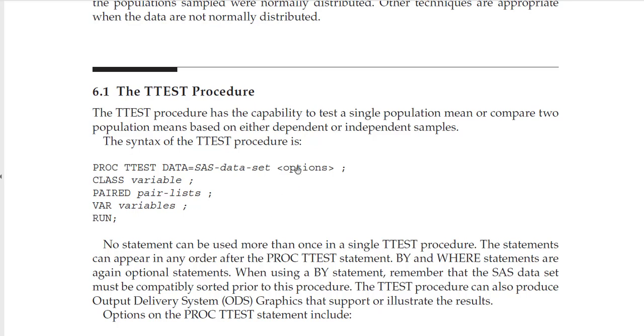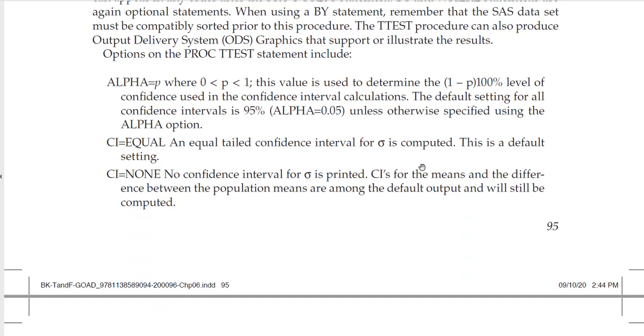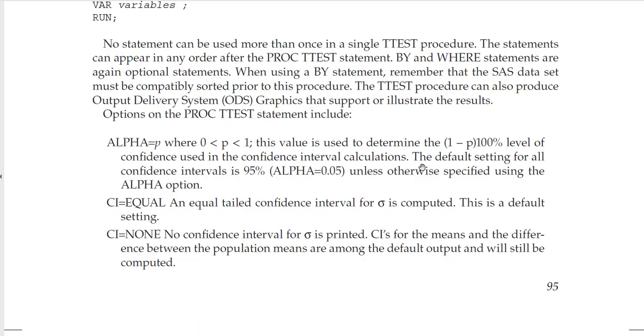First, options we look at for the t-test procedure. We have the ALPHA= option where we specify a probability given by P here, so that if we want 95% confidence intervals, alpha is 0.05. That's actually the default setting. If we don't pick an alpha, typically we look at values of 0.1 and smaller for reasonable values of alpha.